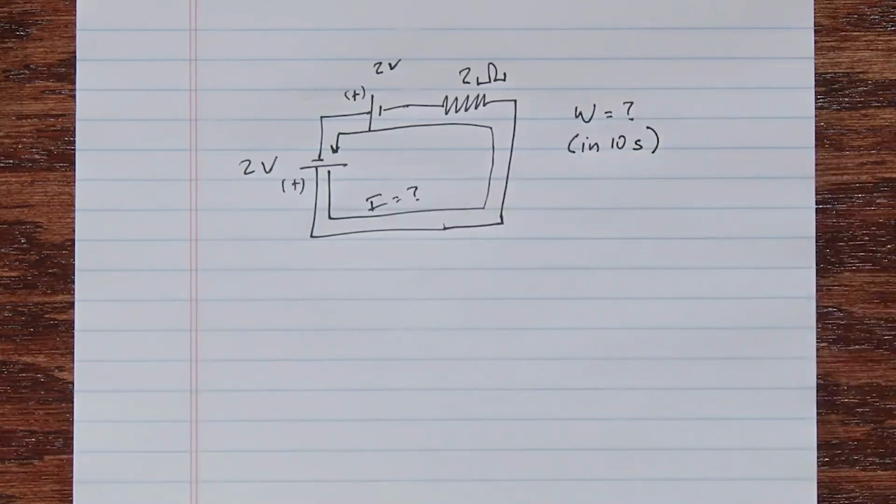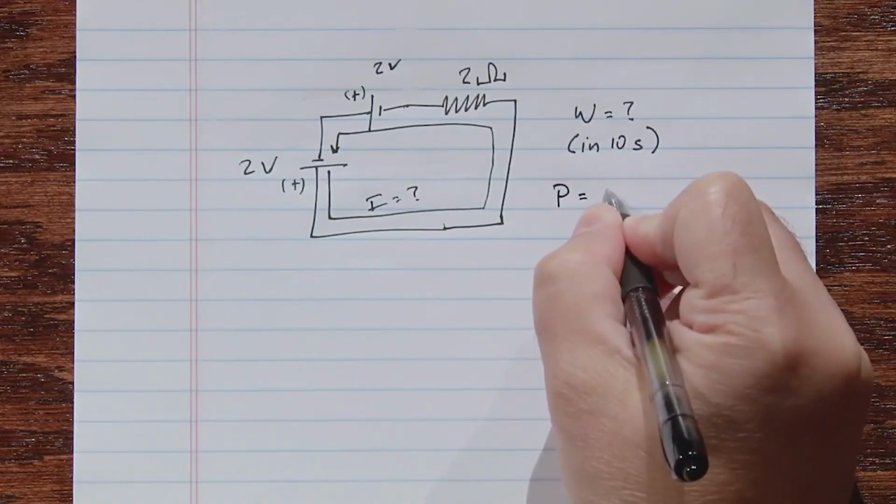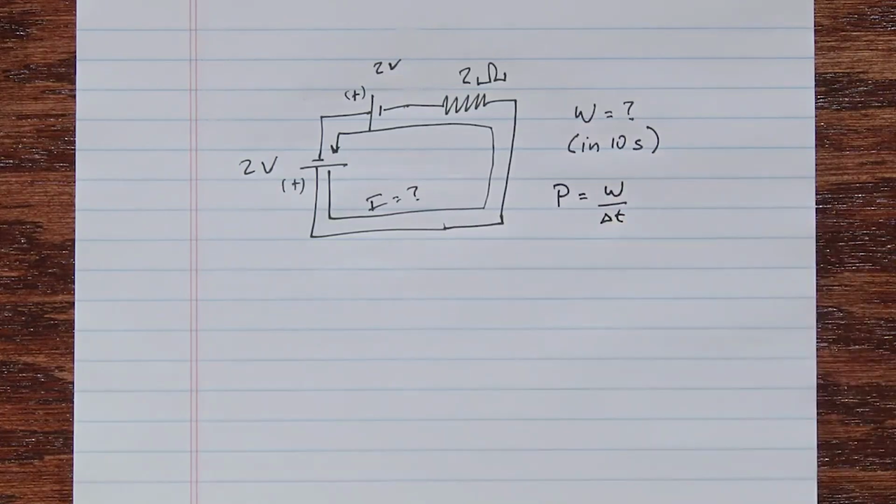So the work done by the batteries in 10 seconds, we don't know that, but what we do know is that power is equal to work done divided by the time over which the work is done. So power is equal to work divided by the change in time.